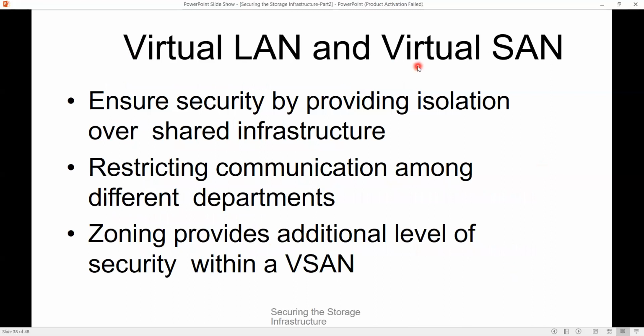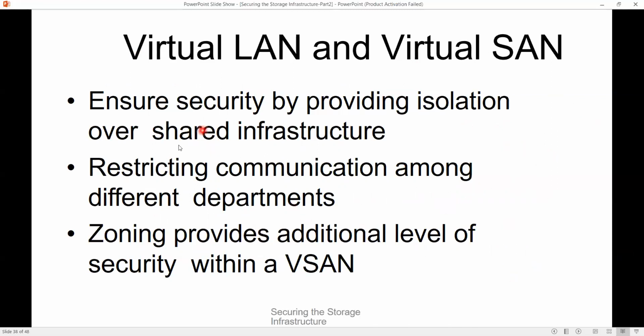Next, we have the virtual LAN, virtual SAN, storage area network, right? This ensures security by providing isolation over the shared infrastructure. Whatever the shared infrastructure is, suppose we have one server here and two hosts here, and an initiator wants to access that particular server.